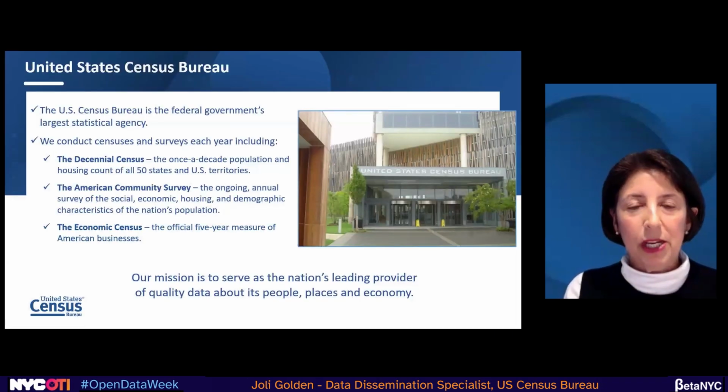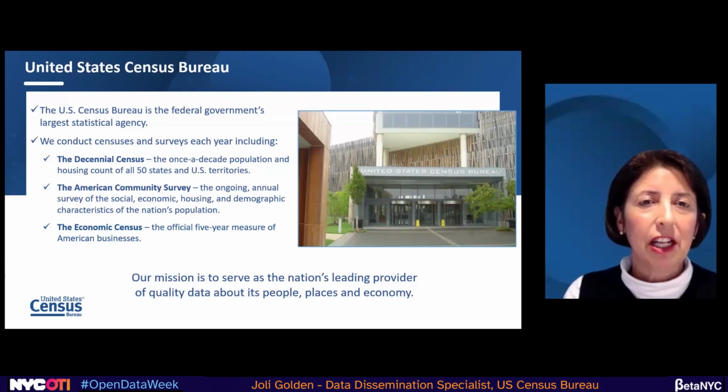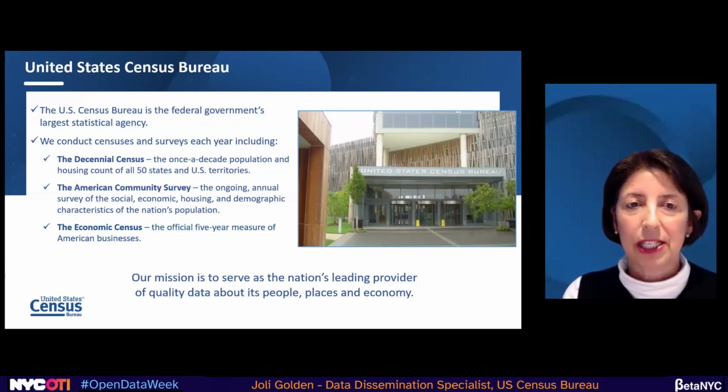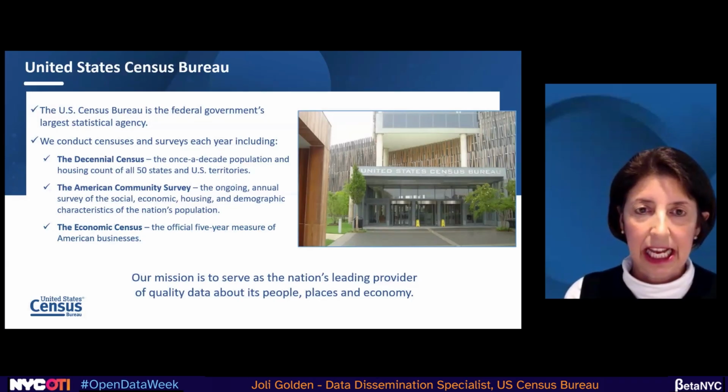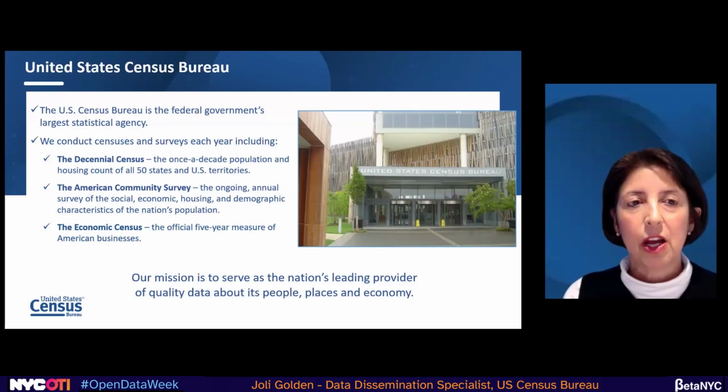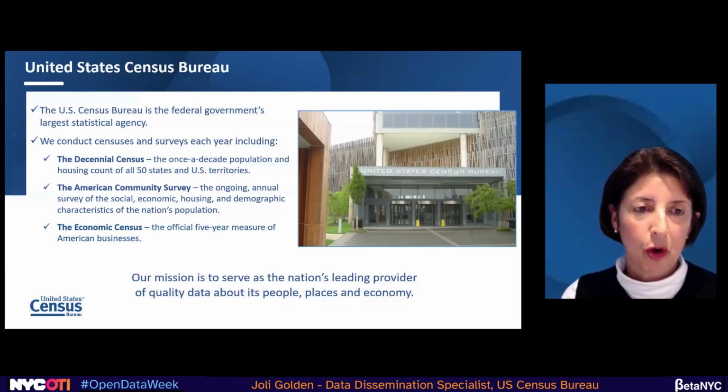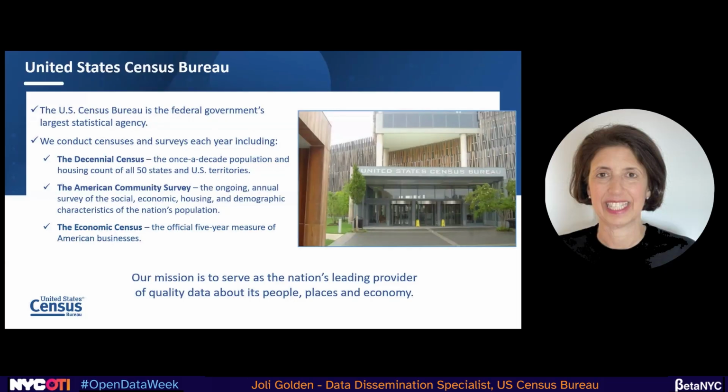So just before we dive into poverty, I want to give a little bit of overview about the U.S. Census Bureau, just a minute and a half. We are the largest of 13 statistical agencies in the federal government. We sit within the Department of Commerce, and we conduct censuses and surveys each year. What we're most well known for is the decennial census, the largest non-military operation of the government, where we do a head count of the nation every 10 years.